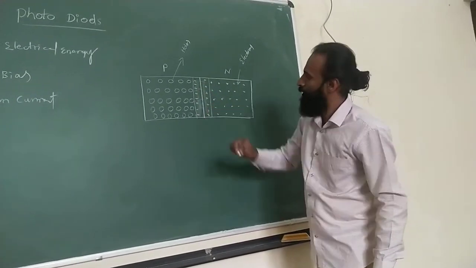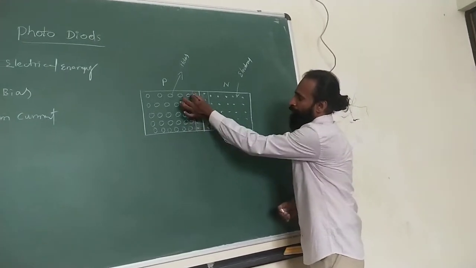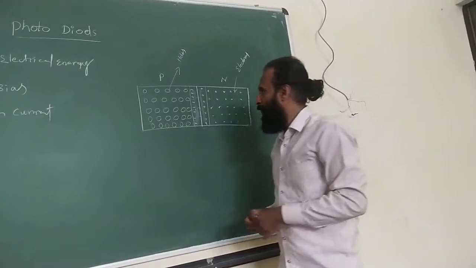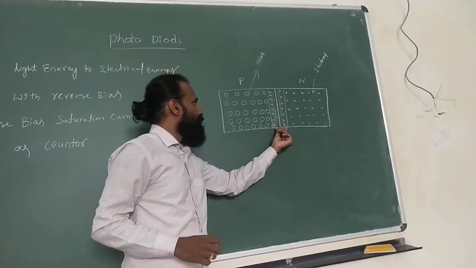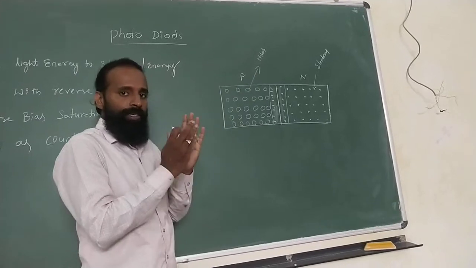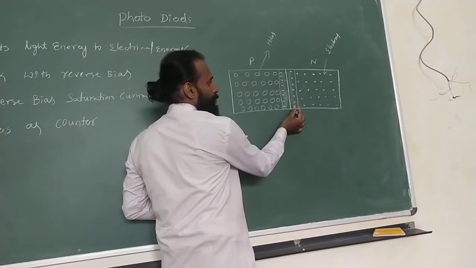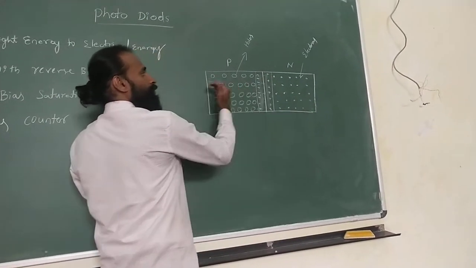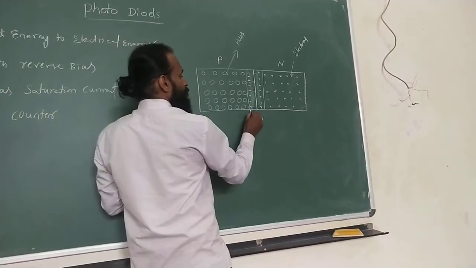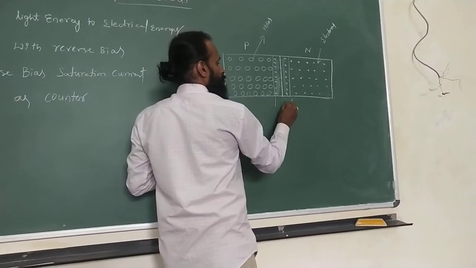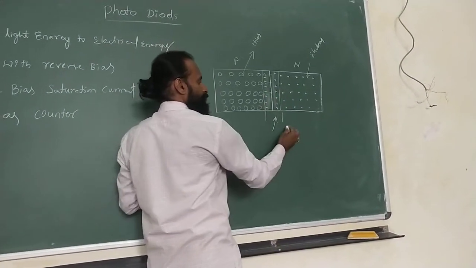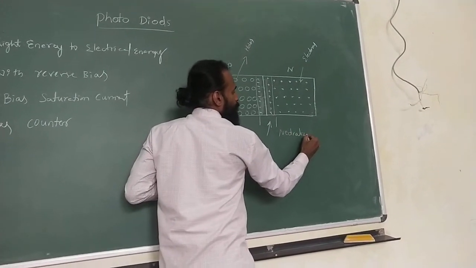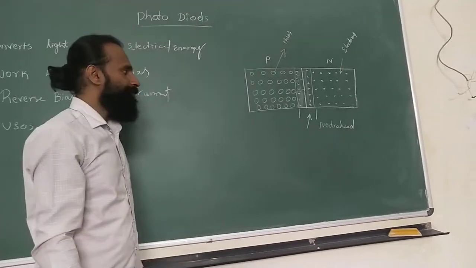Due to this negative region and positive region, a depletion region exists. This depletion region prevents further movement of electrons from this side to that side. It is the region of neutralized atoms.